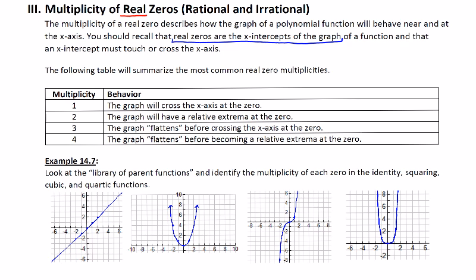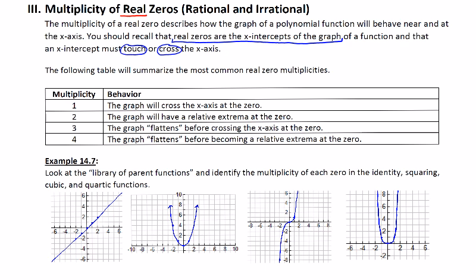They come about in one of two ways. X-intercepts are places where you either touch or where you cross the x-axis. So the multiplicity is there to help tell us which one of those behaviors we should expect to see. Are we going to cross the x-axis, or are we just going to touch the x-axis?